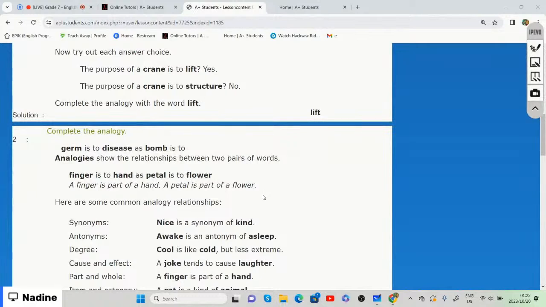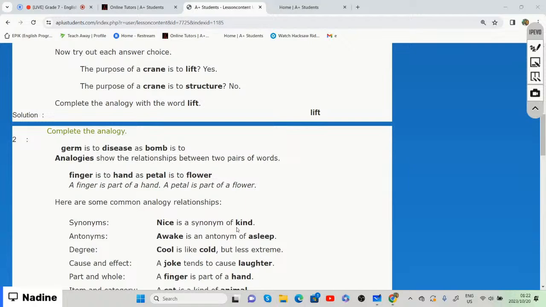Germ is to disease, right? Germs cause diseases. Of course, we have germs everywhere, but most germs cause disease.